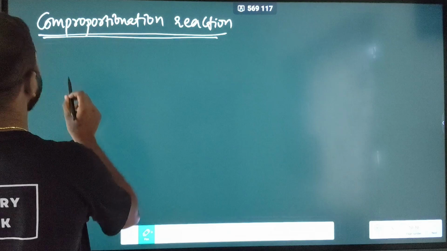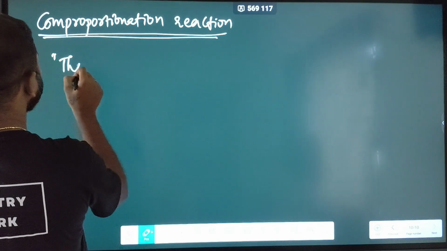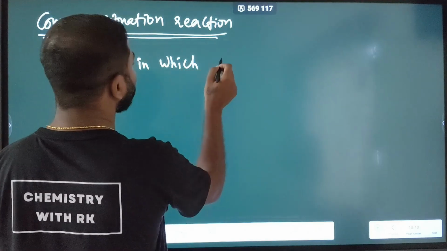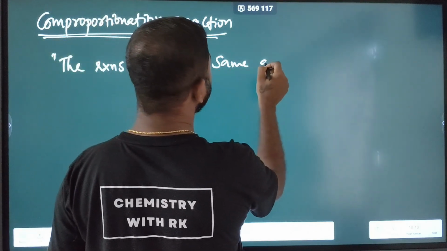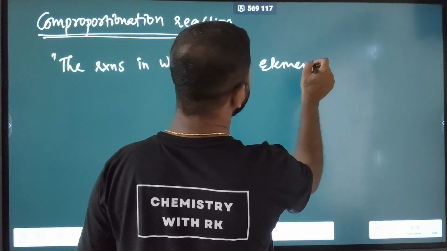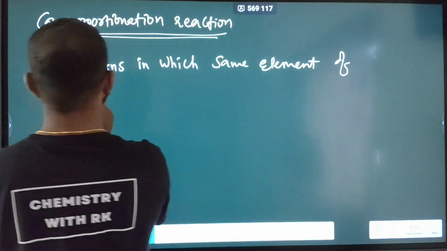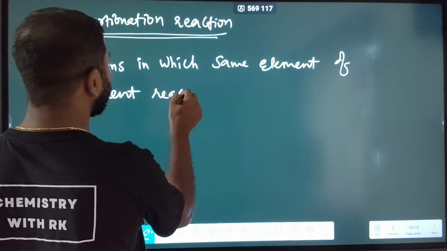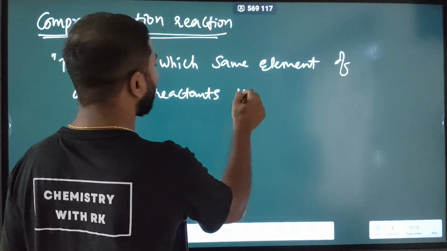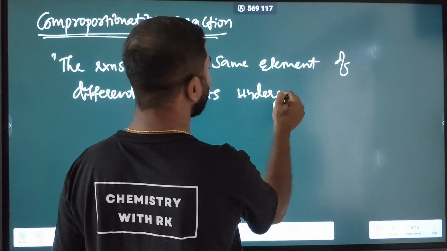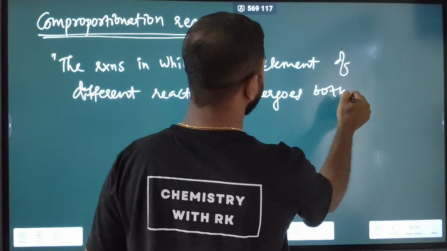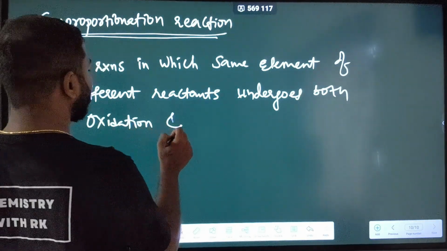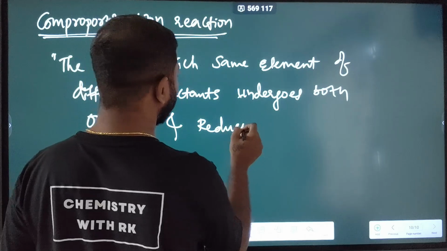But comproportionation reactions are the reactions in which the same element of different reactants undergoes both oxidation and reduction.